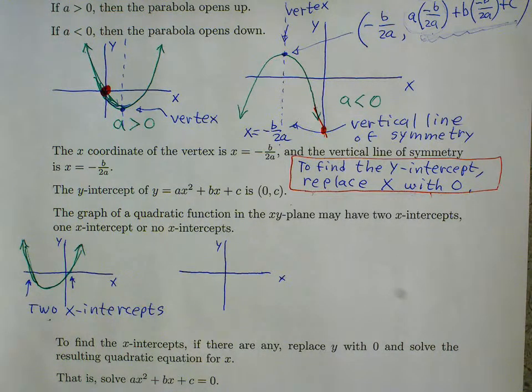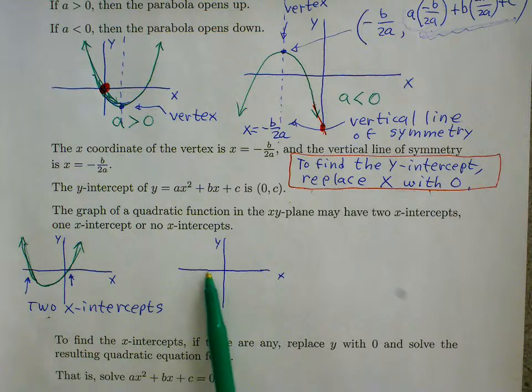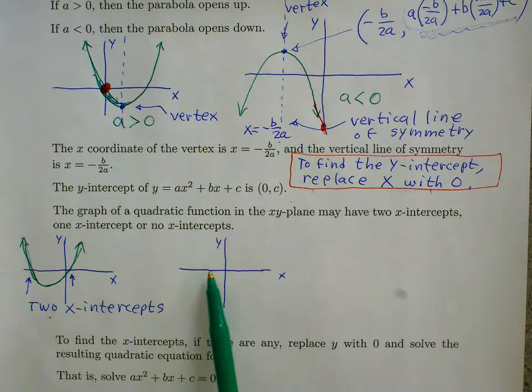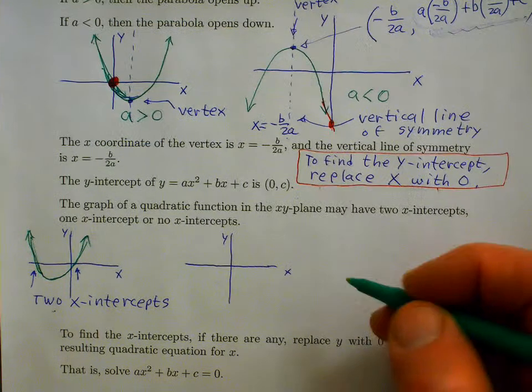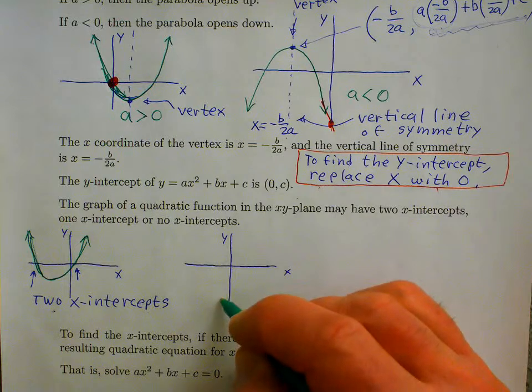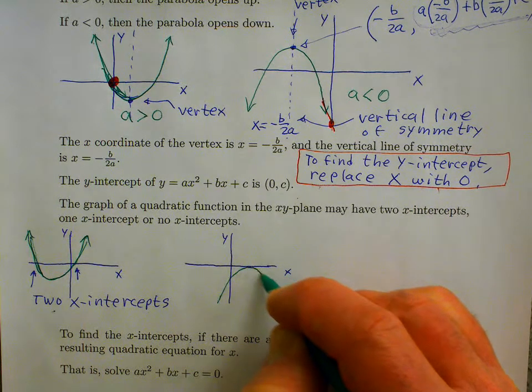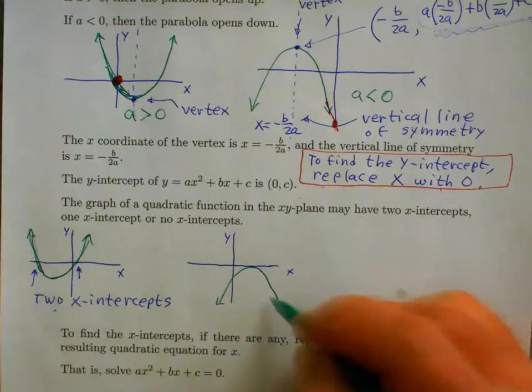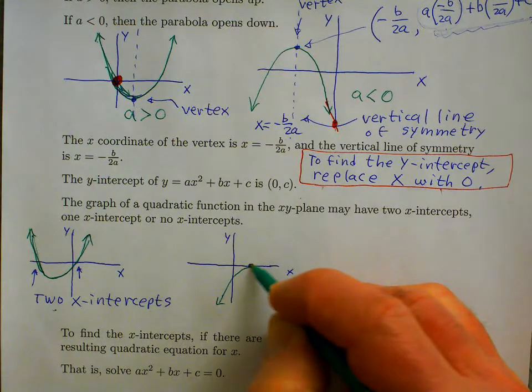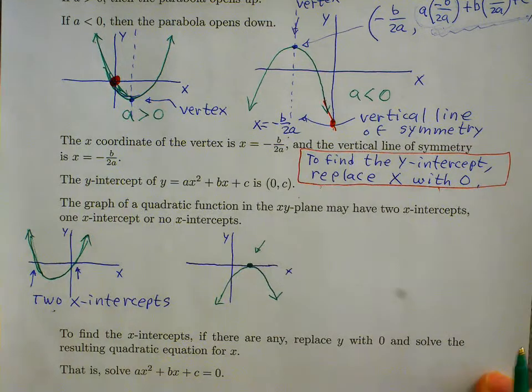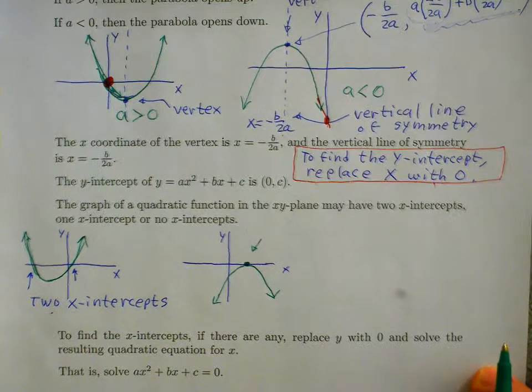Someone online says the vertex touches. Yes, if the vertex is on the x-axis, then there's only one x-intercept. So if you have a parabola that opens down and it only has one x-intercept, then the vertex is the x-intercept.